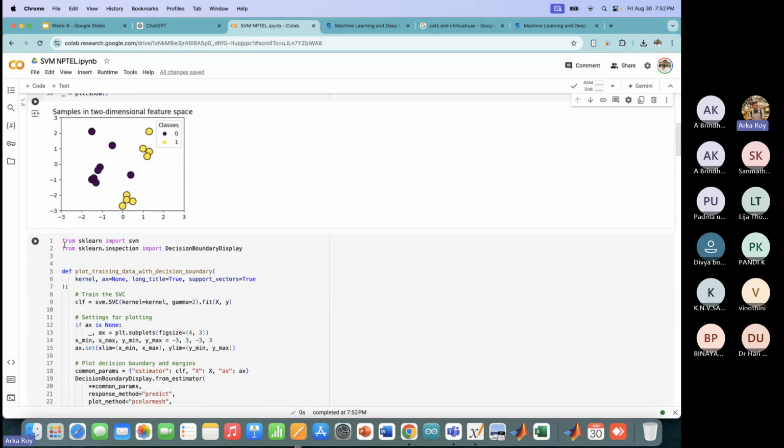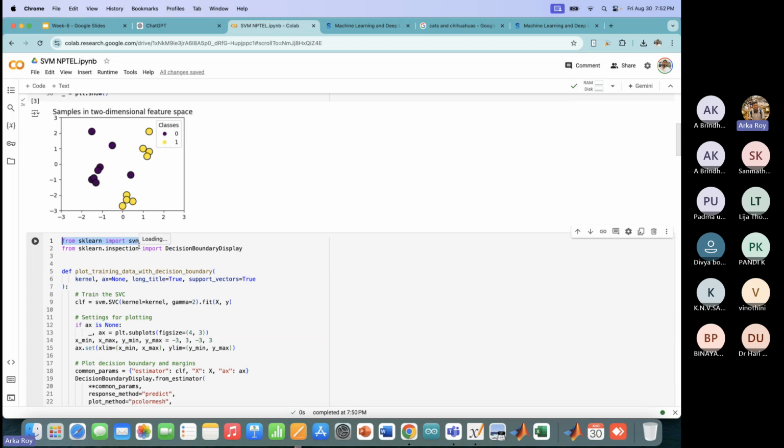So we'll start with from sklearn. As I told you, there is a library called scikit-learn. This is also called sklearn, the shorter version of the library name. From sklearn, import SVM. So this is the powerful line.